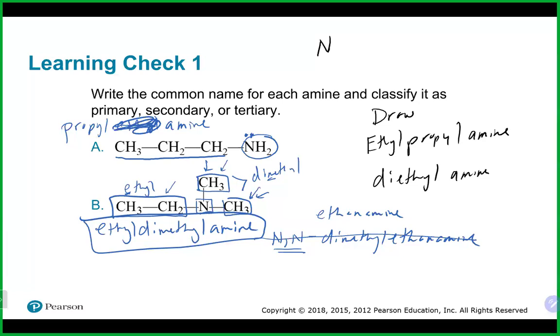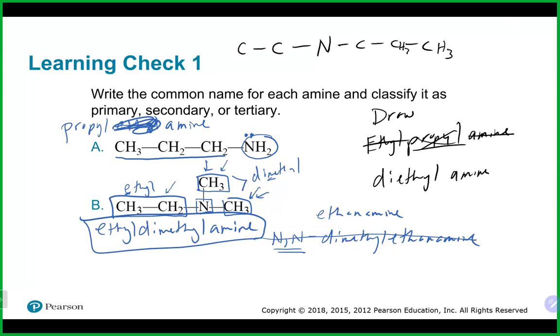Like with our ethers, we start with the oxygen and put the groups on either side of it. Here I would start with the nitrogen and just add your groups as needed. So propyl is a 3-carbon group. It doesn't really matter which side you put it on. So you can put it on the left or the right in this case. And ethyl is a 2-carbon group. And just like normal, we're just going to fill in our hydrogens on our carbons.